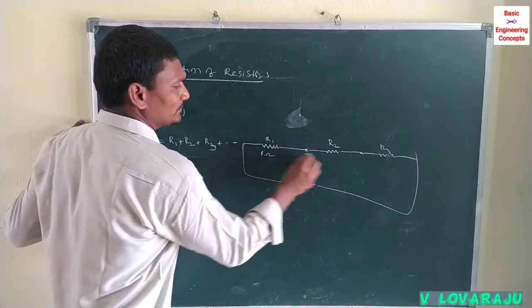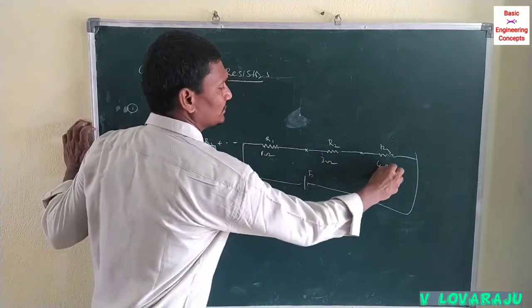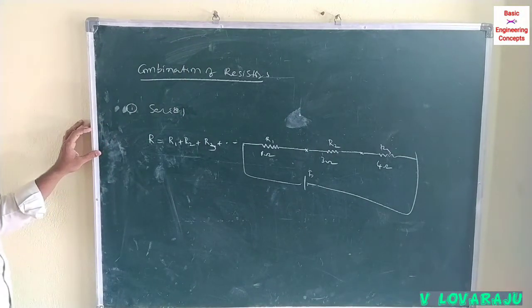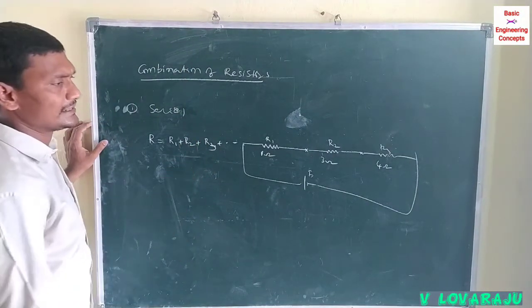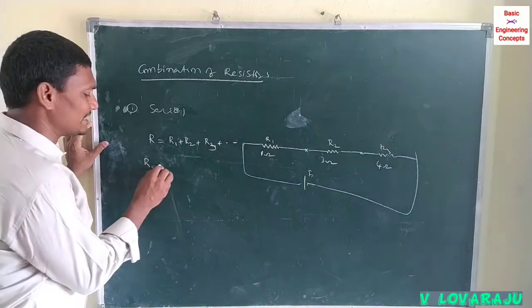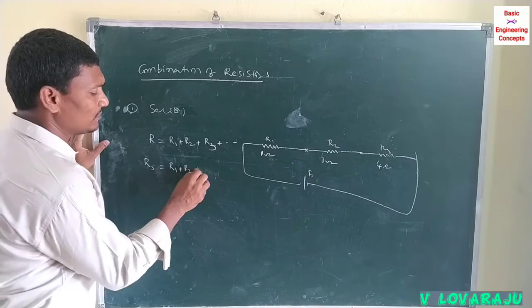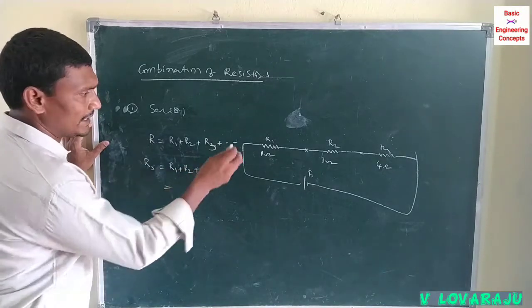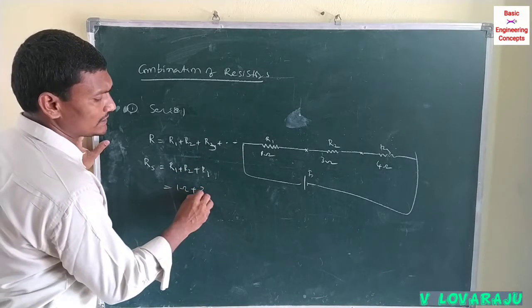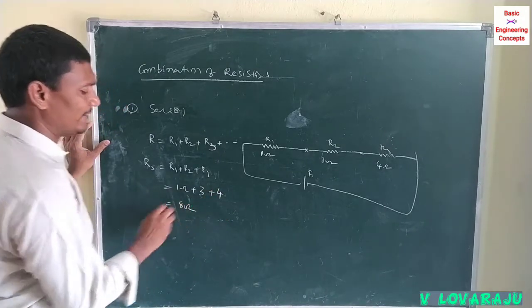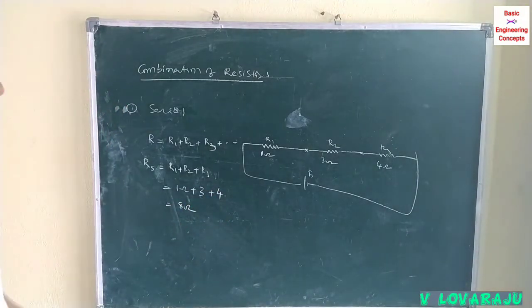Resistors of 1 ohm, 3 ohms and 4 ohms are connected in series. Find the effective resistance. The series effective resistance RS is equal to R1 plus R2 plus R3. Here R1 is 1 ohm, R2 is 3 ohms and R3 is 4 ohms. That is 8 ohms. The effective resistance is 8 ohms.